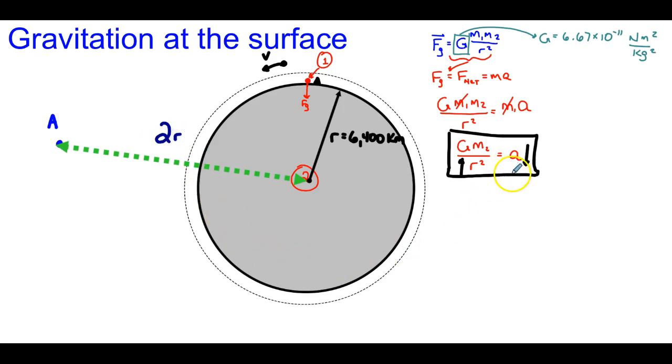Now that does have a profound effect on the acceleration. If I increase the bottom by a factor of 2, it becomes 2 squared, and the top is just a constant, G times the mass of the Earth. I've increased the bottom by a factor of 4, so the acceleration goes down by a factor of 4.